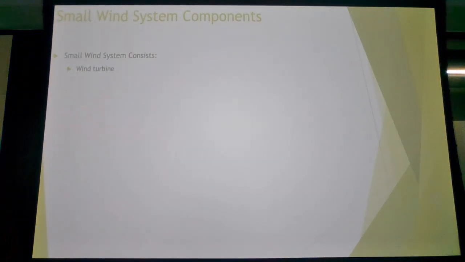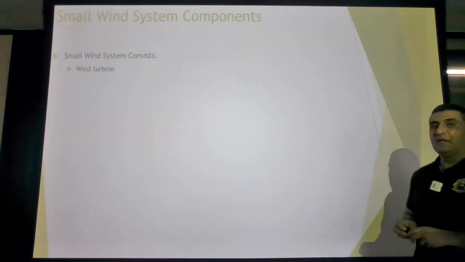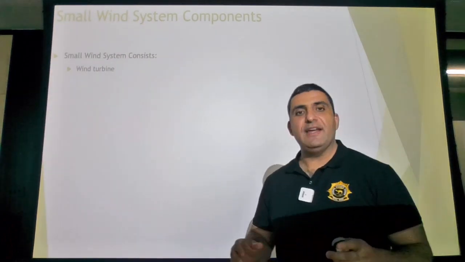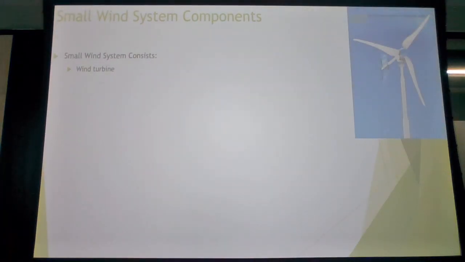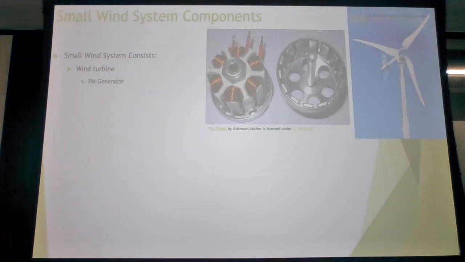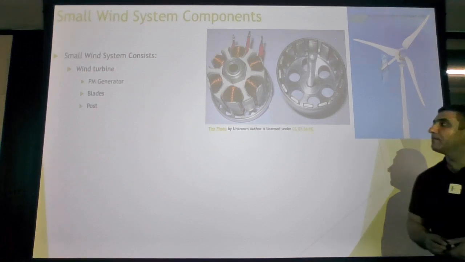What does a wind system consist of? Number one, it will consist of a wind turbine. The wind turbine contains a permanent magnet generator for a small wind system, contains the blades, and of course you need your post.